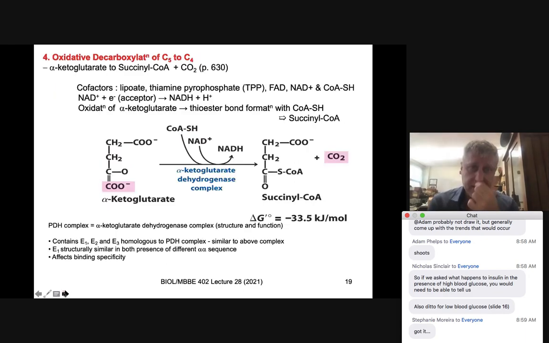So the oxidative decarboxylation now from our next stage, where we're taking the alpha ketoglutarate and going through a further decarboxylation to give us a carbon 4 in the form of succinyl CoA. Again, the alpha ketoglutarate dehydrogenase complex is very similar and homologous to the pyruvate dehydrogenase complex, has E1, E2, and E3, and basically goes through a similar structural component, but it has a specificity towards alpha ketoglutarate.